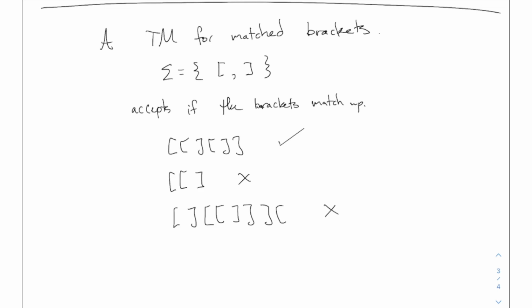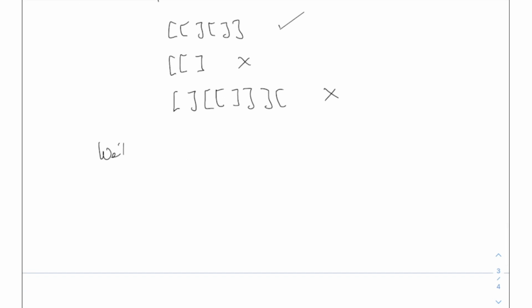This one, I'm going to use a marking off trick to match off the brackets in pairs. By the time we get to the end, hopefully everything will have been marked off, turned into an X. This is actually a little tricky though. But check it out.